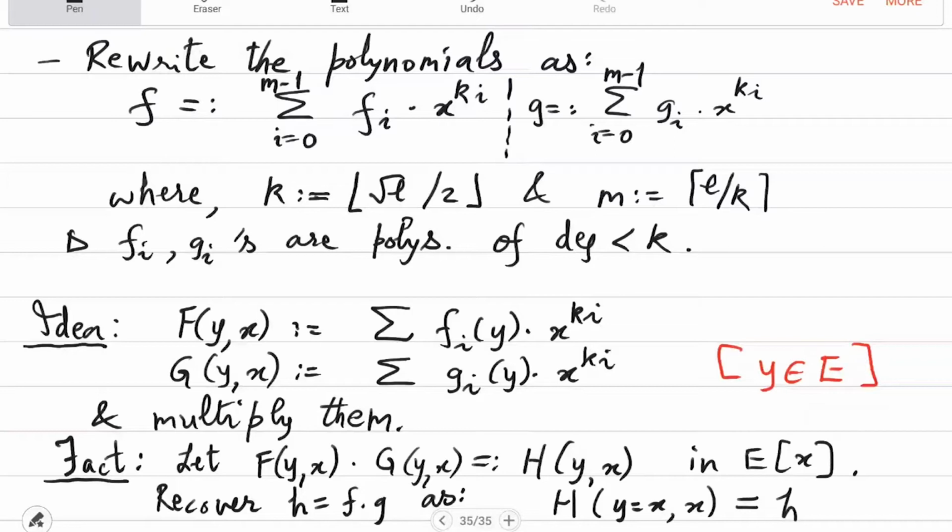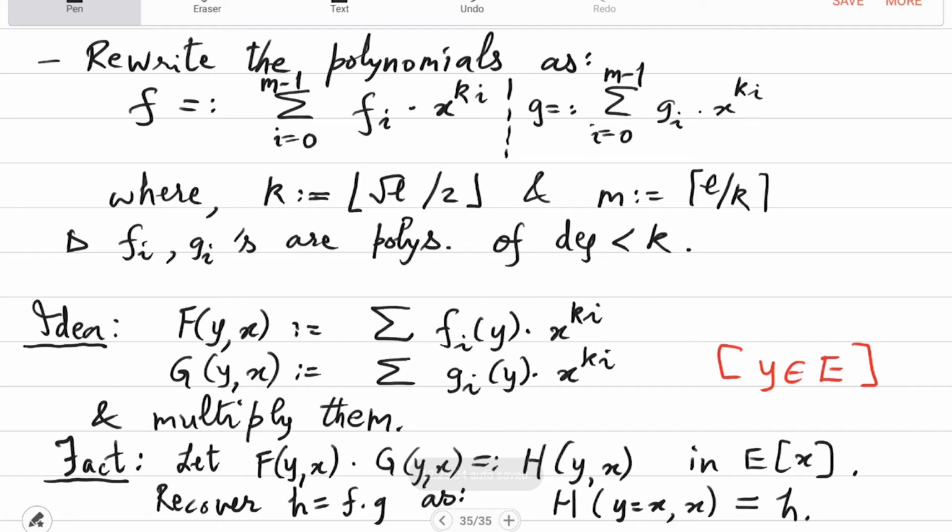By substituting y equal to x in big H, why will you get the product f times g correctly? Because original f and g were defined like that, as sums of fi of x times x to the ki. When you multiply fi, the degree will not exceed L by 2, so we will not have any modulus loss of information. Exactly. The argument is using the degree. In big F and big G, the x's are free variables, so there is no problem with x.